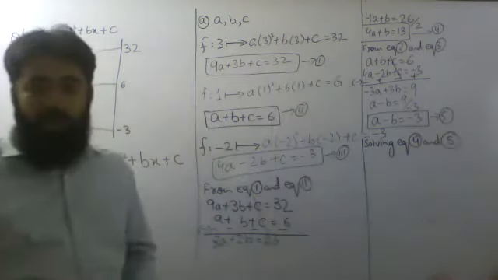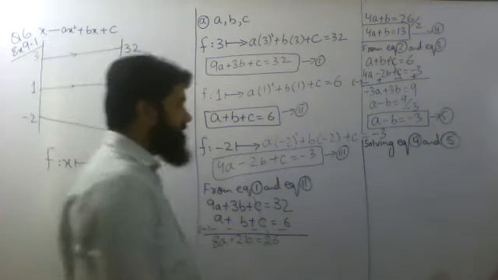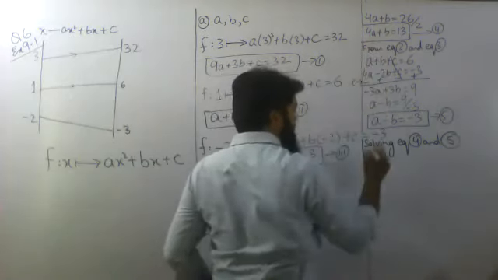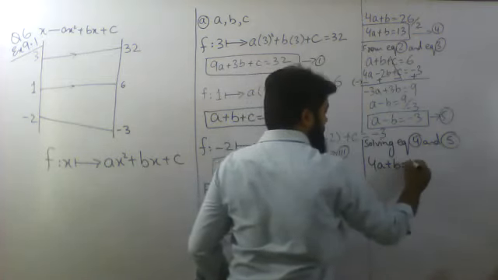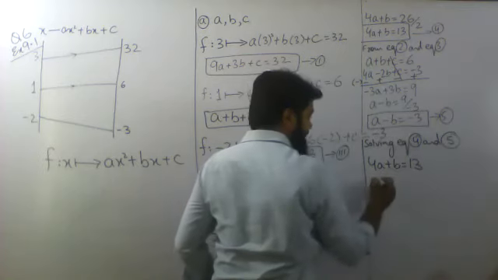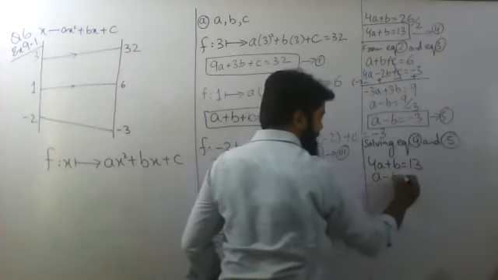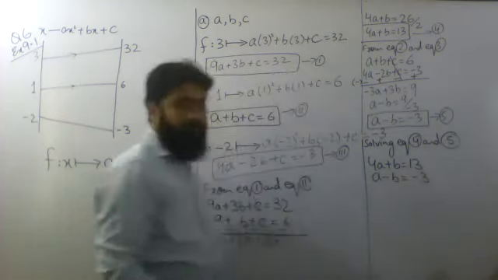Equation number 4 is 4A plus B equals 13. And equation number 5 is A minus B equals minus 3.